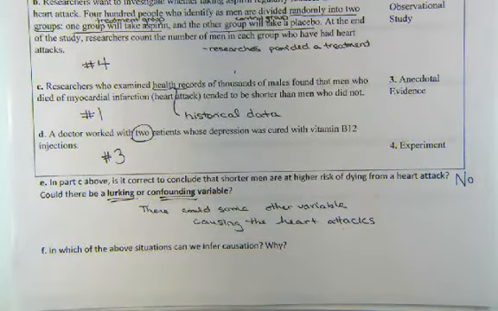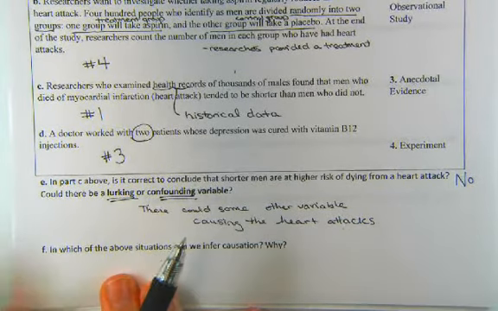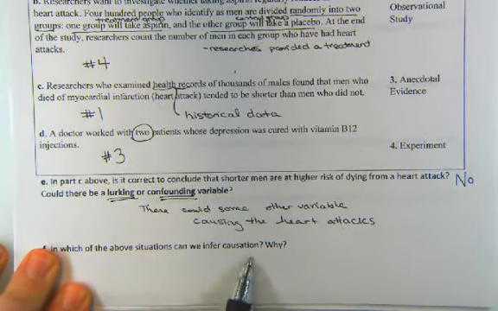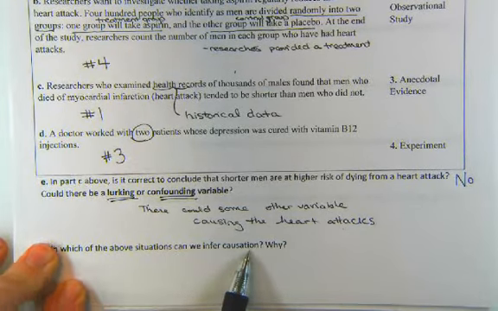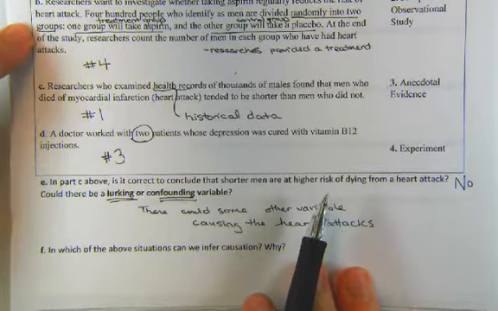However, if we look up above and think about where we can infer causation, which just means cause and effect, what happened in Part B, with all of that control and the randomization and the 2 groups and testing the placebo, is exactly what we need to do in order to talk about cause and effect.